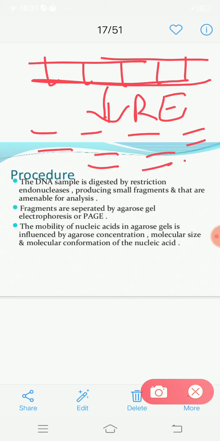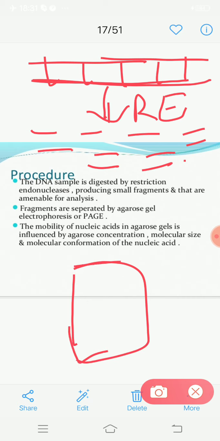Then second step, you have to separate that fragment onto the agarose gel or the PAGE. Okay, then the mobility of nucleic acid in this gel is influenced by the concentration of agarose. This is your gel, this is your wells here.